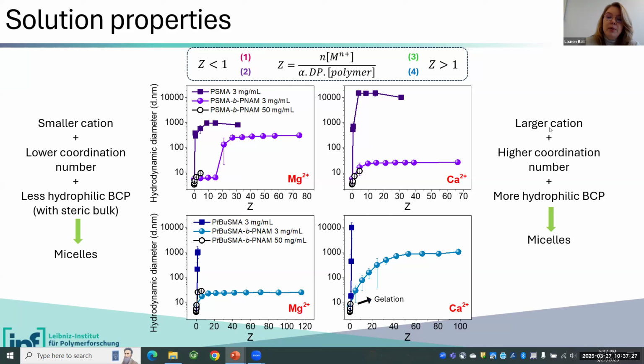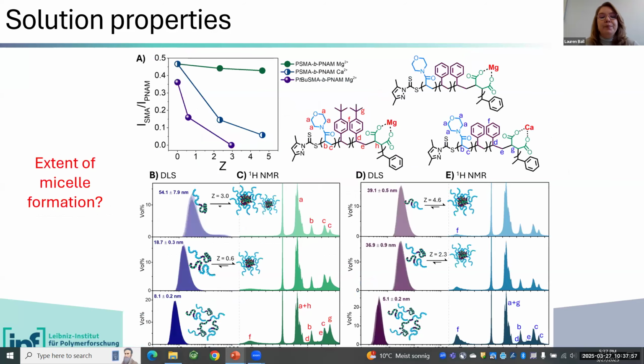So the combination of this cation with the more hydrophilic block copolymer results in micelle formation. On the other hand, magnesium, being a smaller cation preferring lower coordination numbers, only results in micelle formation with the less hydrophilic and more sterically bulky tert-butyl SMA block copolymer. So depending on the amphiphilicity and the steric bulk of the SMA component of the block copolymer, you can have different tolerances depending on the identity of the cation, which we found very interesting.